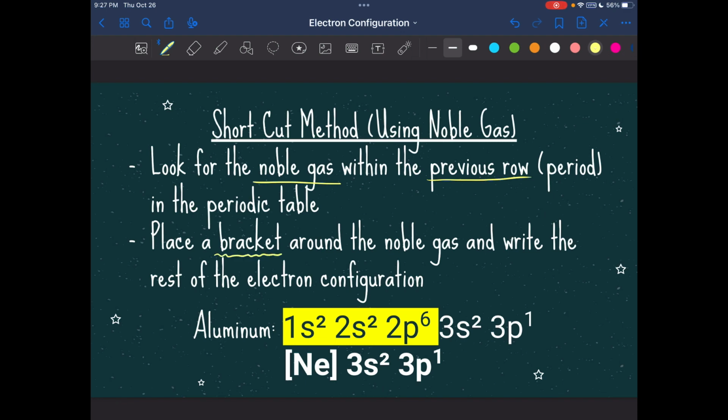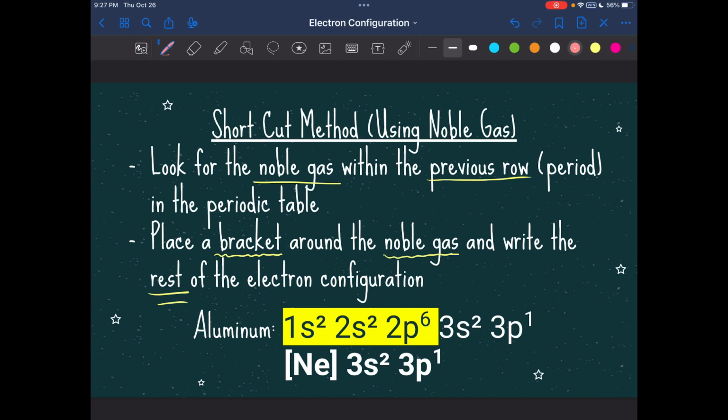Place a bracket around the noble gas and write the rest of the electron configuration. So for example, aluminum. We know according to the original electron configuration, we have 1s2, 2s2, 2p6, 3s2, 3p1.